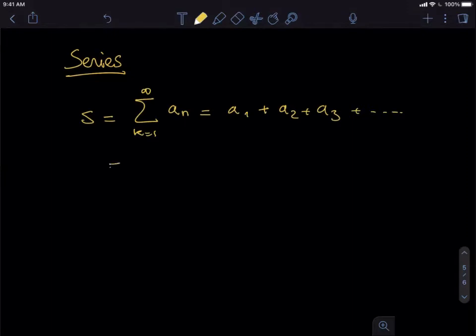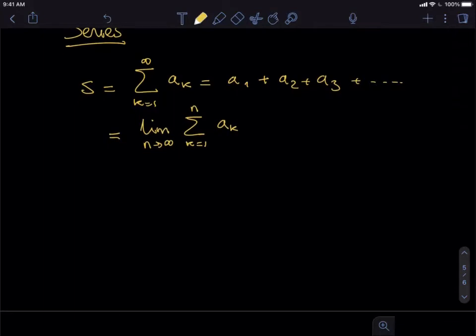And the way the series is defined is as the limit of the partial sums, okay? I wrote here an, but I meant ak. So it's the limit as n tends to infinity of the sum from 1 to n of the ak.